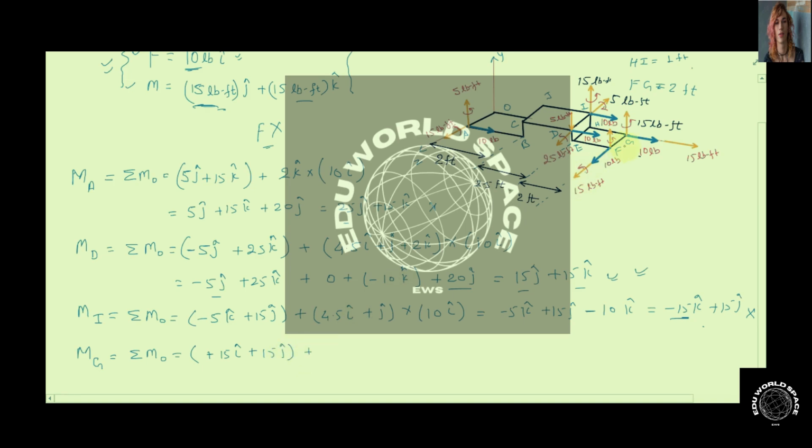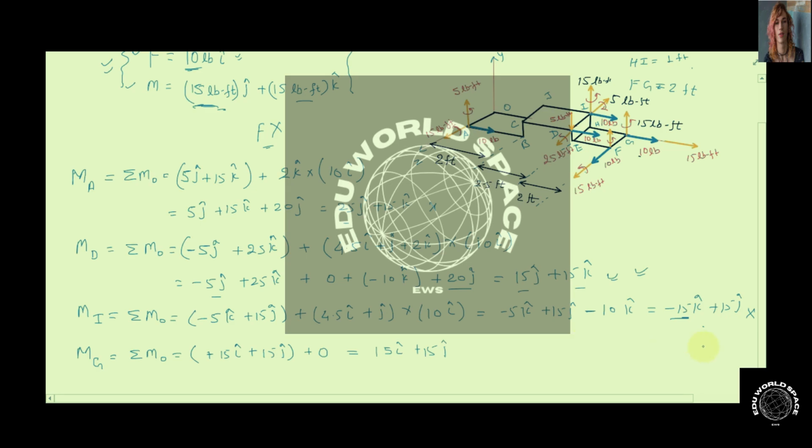We can observe here that this force vector is passing through the origin. Since it is along the x-axis, the force vector acting at point G will have no effect on the equivalent moment about point O, so its contribution will be 0. So our final equivalent moment comes out to be 15 i cap plus 15 j cap.